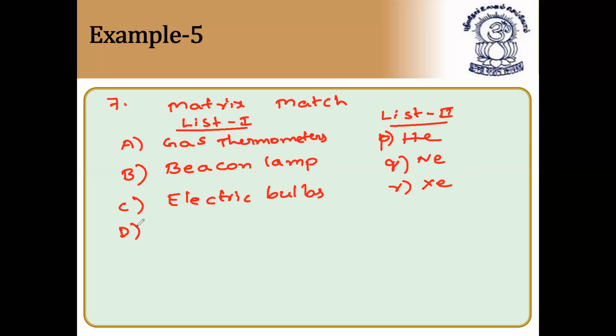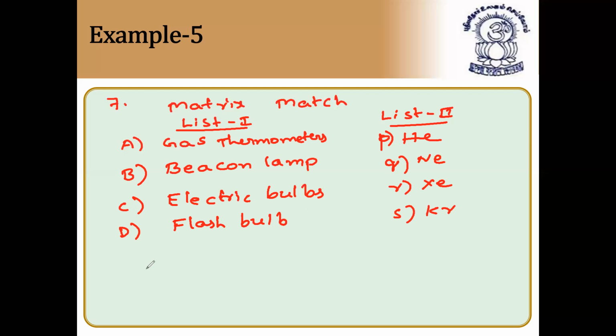Option D, flash bulbs. S, krypton. These are all based on uses, and we have to write the right option.